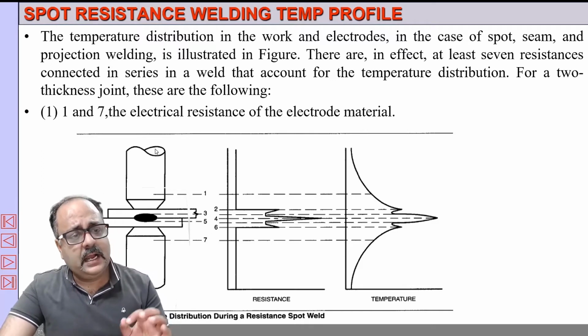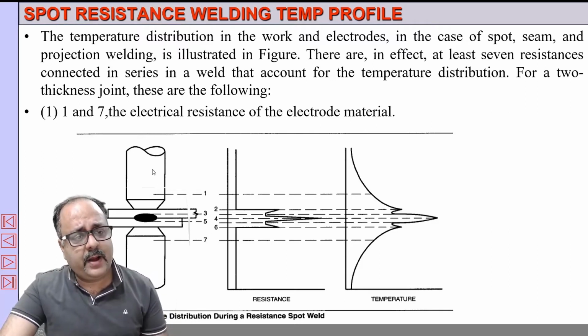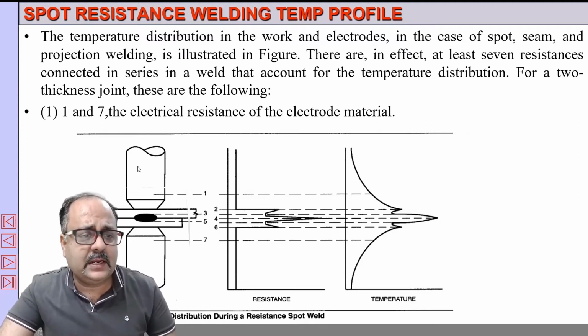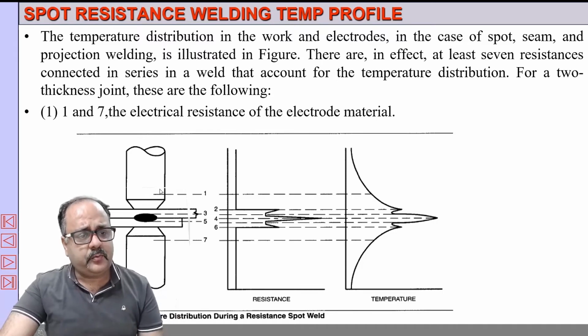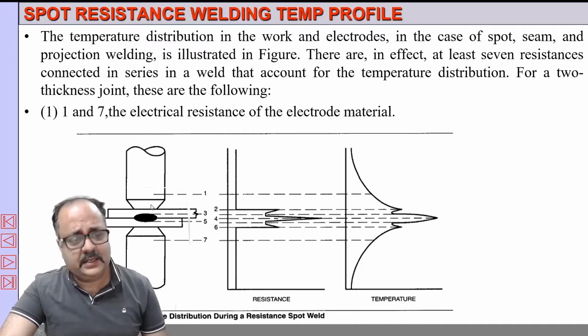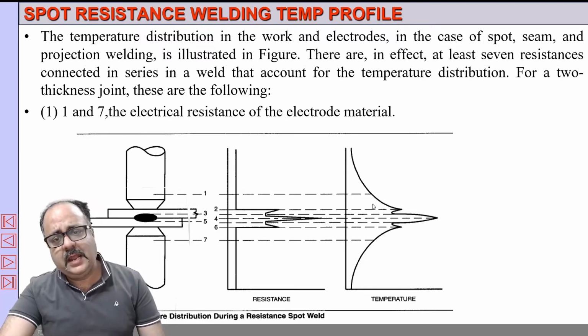Secondly, we reduce the temperature by making it water cooled, and making it water cooled also prolongs the life of the electrode. So the chances of the electrode being welded to the base metal are reduced significantly, and you can see here the temperature is low.